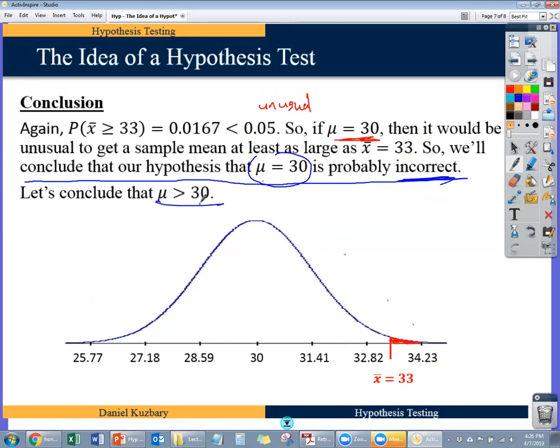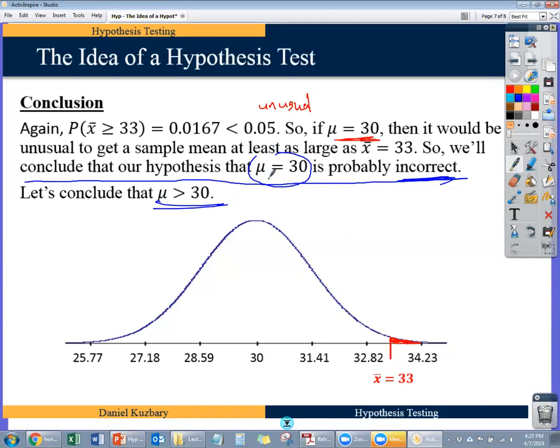So what we're going to conclude is that our mean is actually bigger than 30, and that's about all we can say. The goal of the hypothesis test is to either say, well, I have no reason to believe this isn't true. That's flaky statistical language. It could be true.